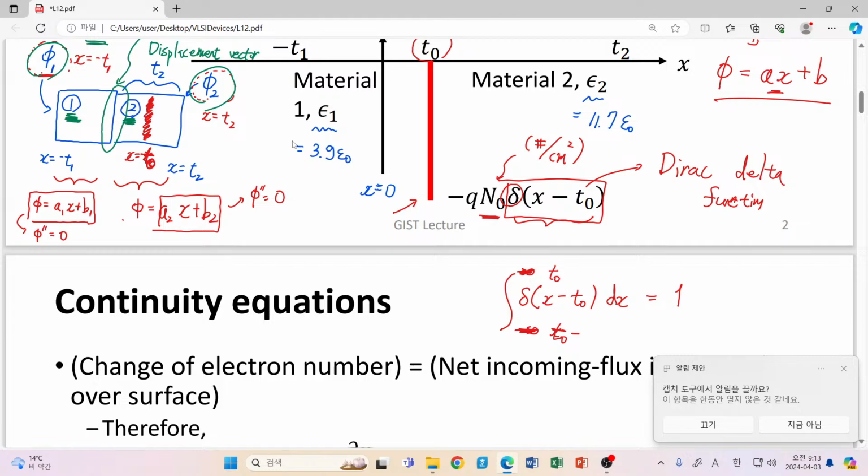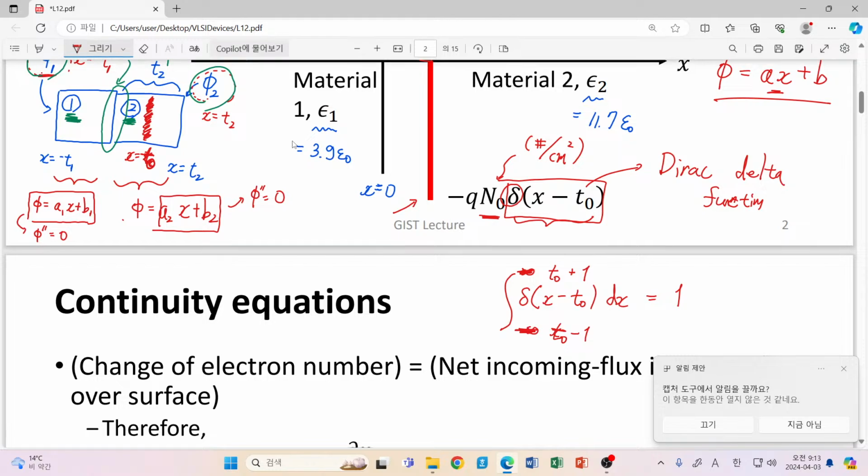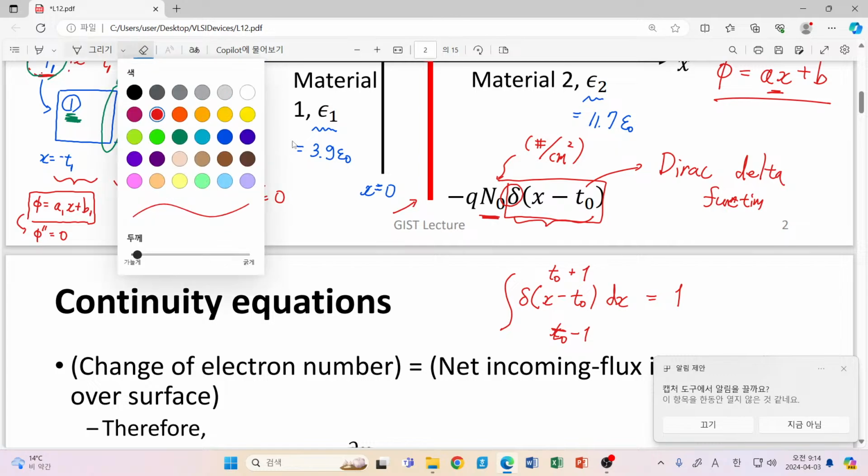However, if the integration does not include this t sub 0, then it gives you just 0.